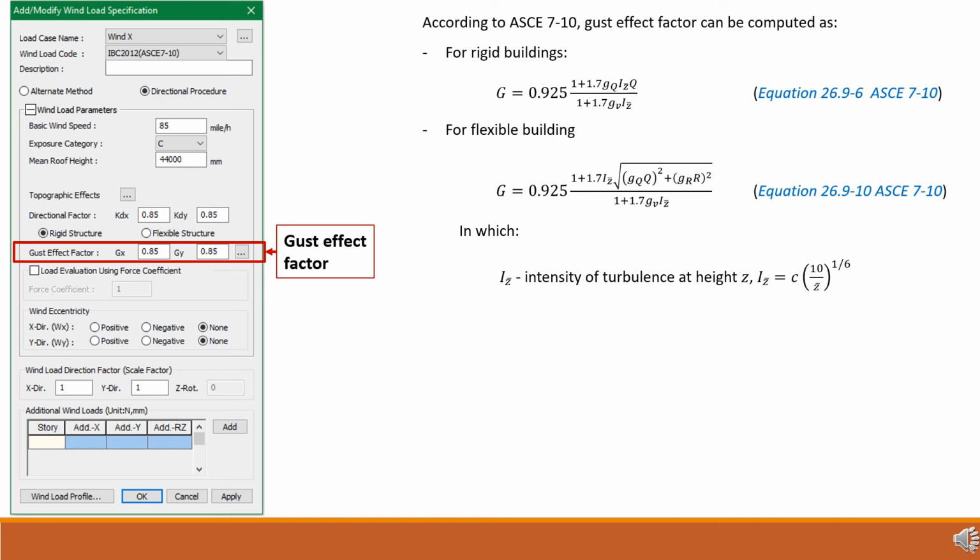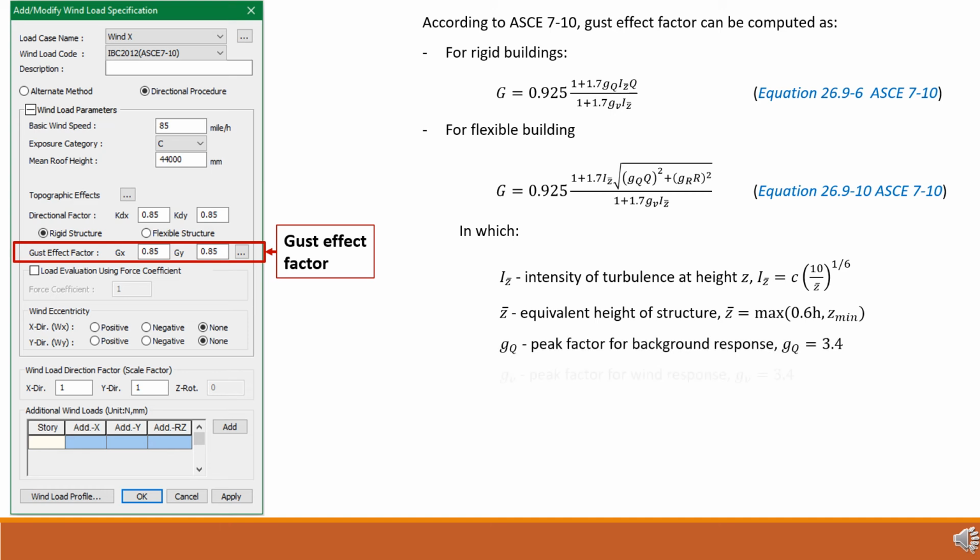Intensity of turbulence. Equivalent height of structure. Peak factor for background response. Peak factor for wind response. Background response.